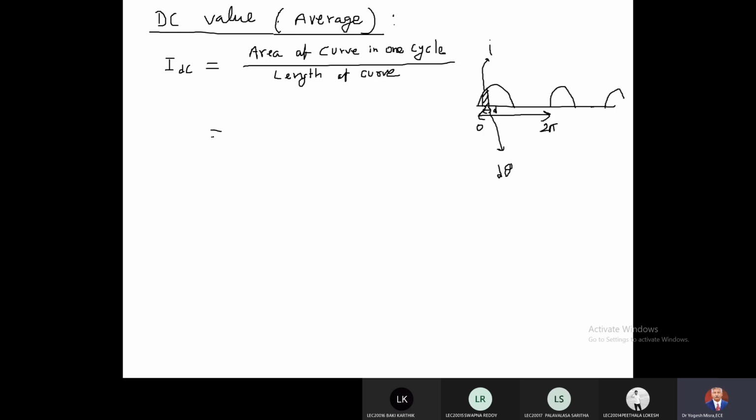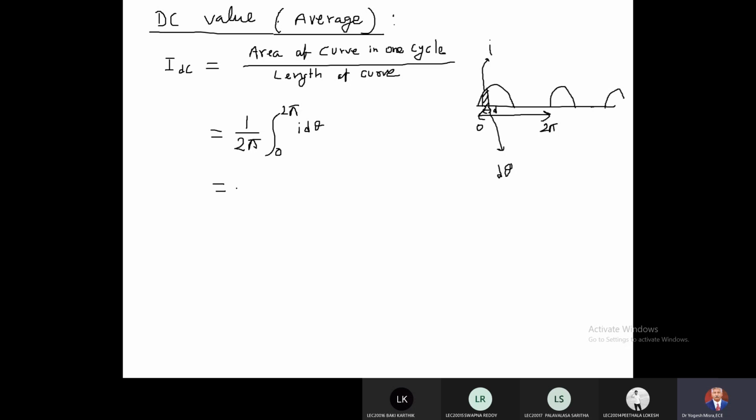So I_DC will be equal to, and then you integrate up to 2π. What is the length of the curve? It is 2π, and the area of the curve is from 0 to 2π. I am integrating that strip whose area is I dθ. You use this formula, right?